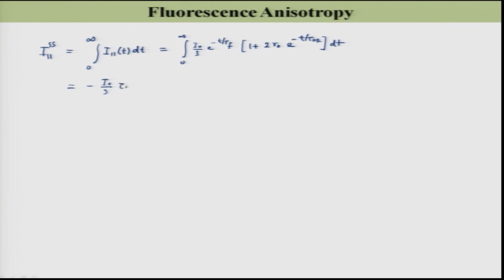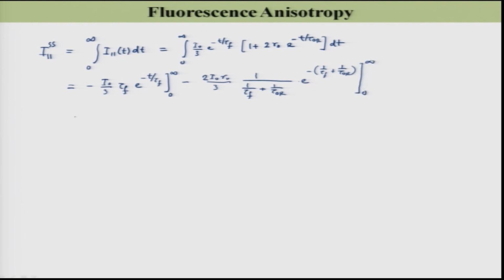I 0 by 3 tau f e to the power minus t by tau f, limit 0 to infinity, minus 2 I 0 r 0 by 3 into 1 divided by (1 over tau f plus 1 over tau r) into e to the power minus (1 over tau f plus 1 over tau r) t, and here the limit is again 0 to infinity.